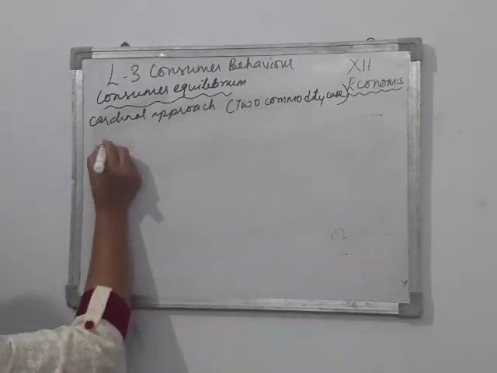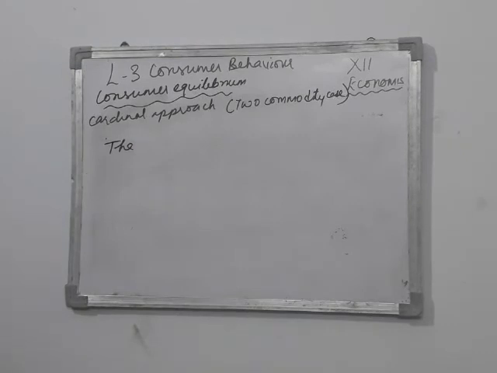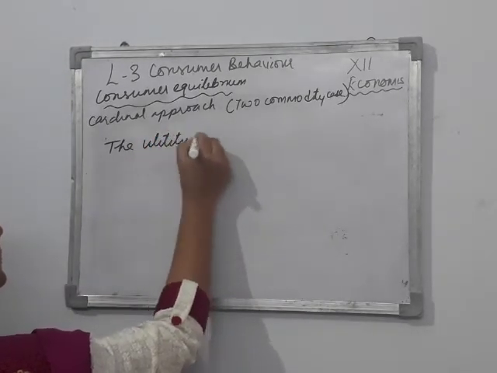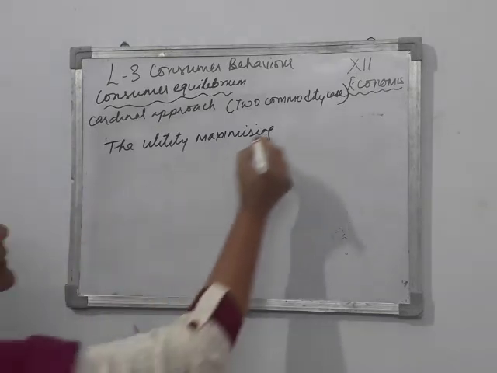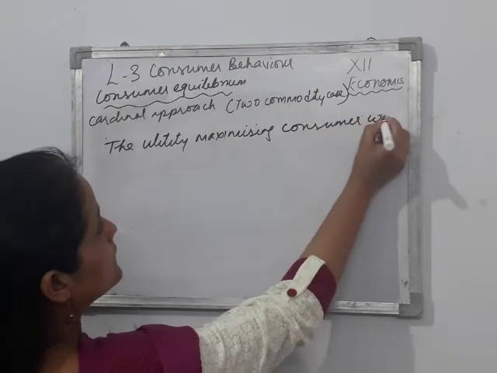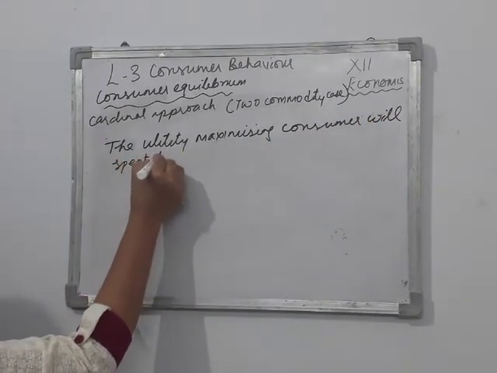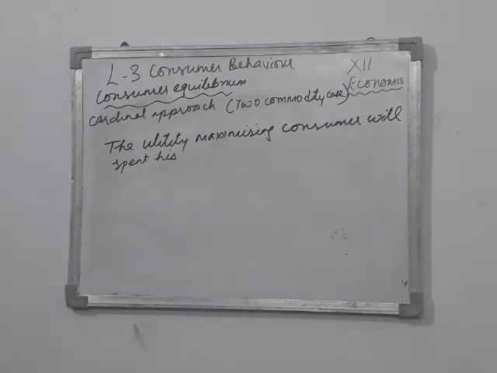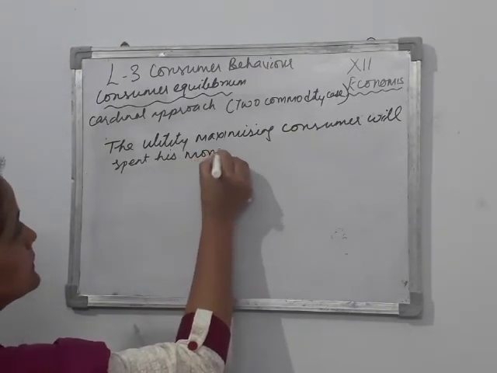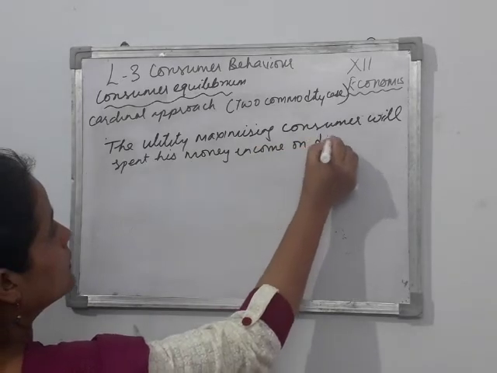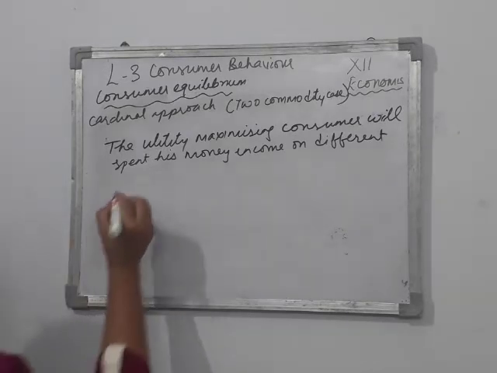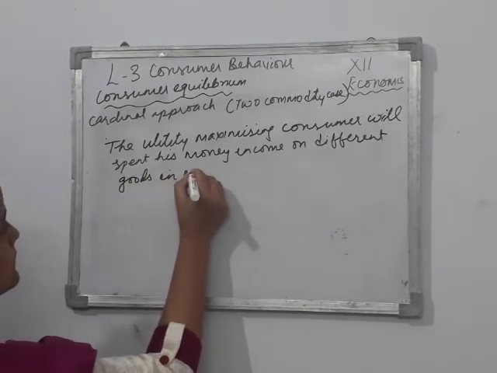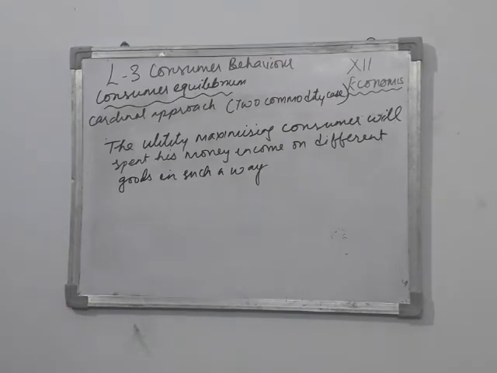Or another way that I can tell you is this: the utility maximizing consumer will spend his money income on different goods in such a way that the marginal utility of each good is proportional to its price.